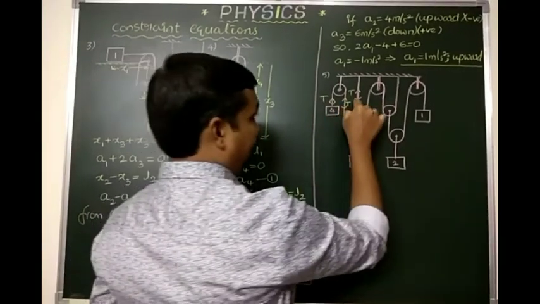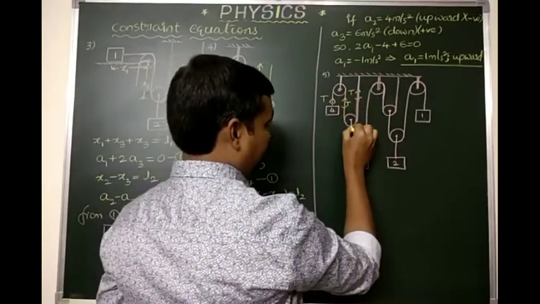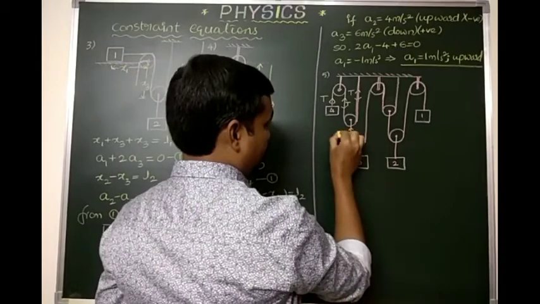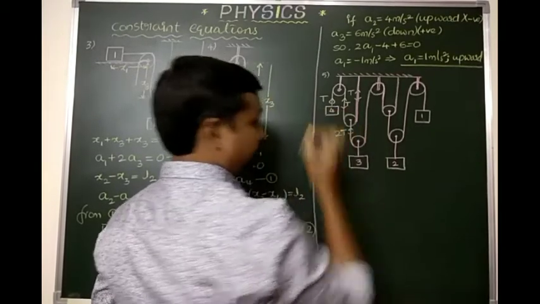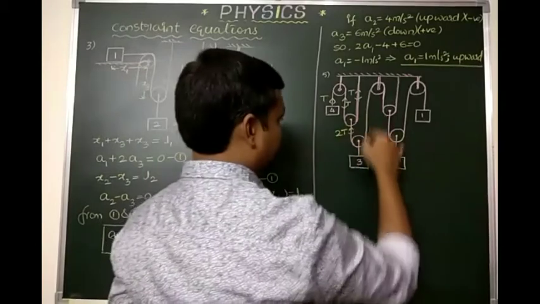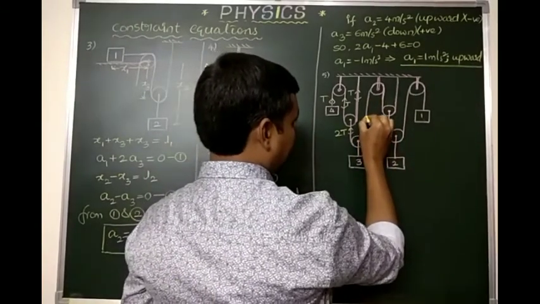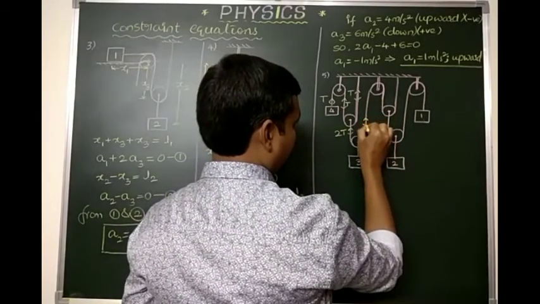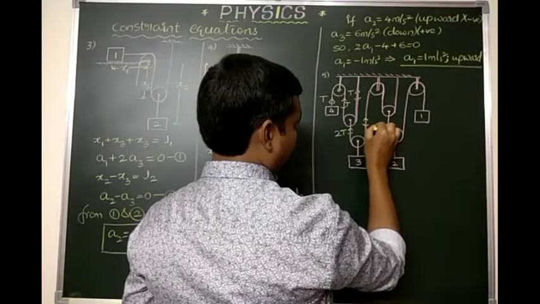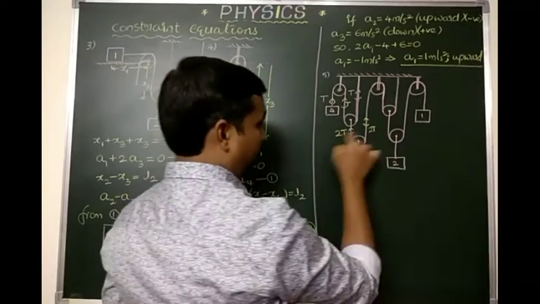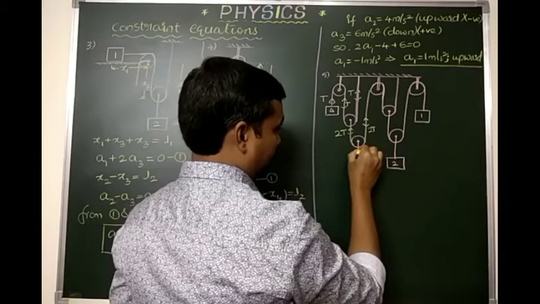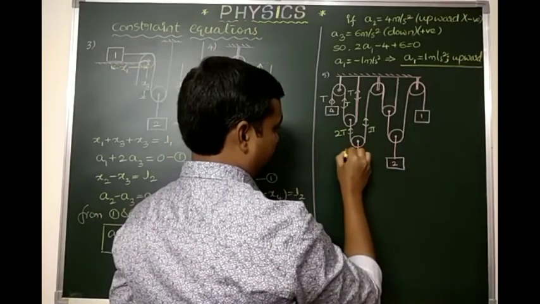T and T combined together become 2T. In this same string, this also becomes 2T. 2T plus 2T gives you 4T.